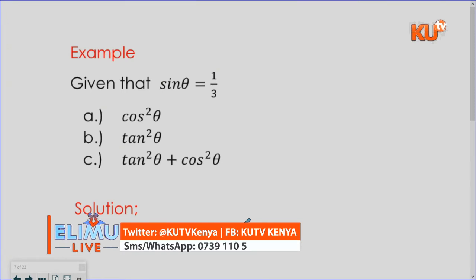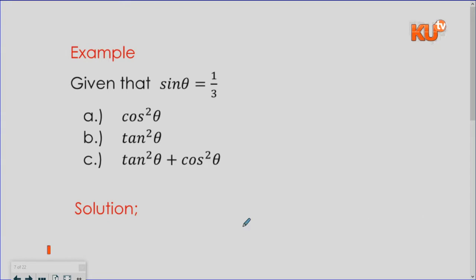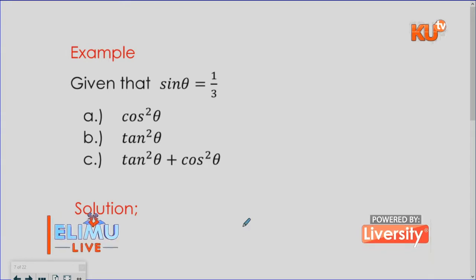So we have another example, example 3. Given that sine theta is equal to 1 over 3, you are told to work out, part A, cos squared theta, part B, tan squared theta, part C, tan squared theta plus cos squared theta.